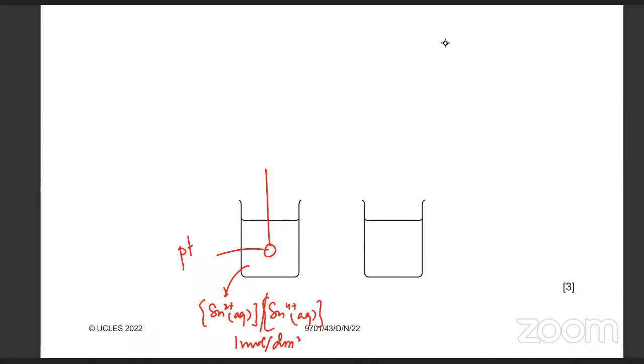And what's in the other container? Hydrogen. That's going to be your hydrogen electrode, so it's going to have H2 gas. That will also have a platinum electrode. There's going to be H+ aqueous, and that's going to be 1 mole per dm cube.